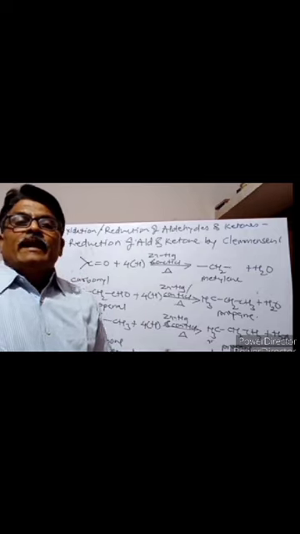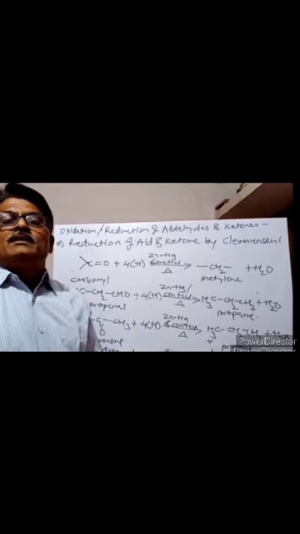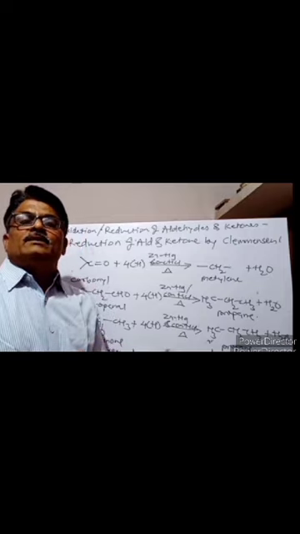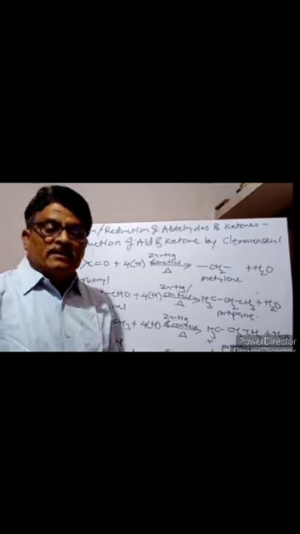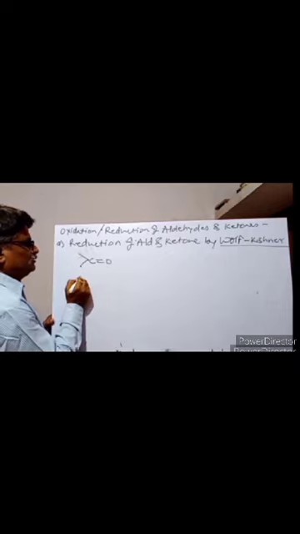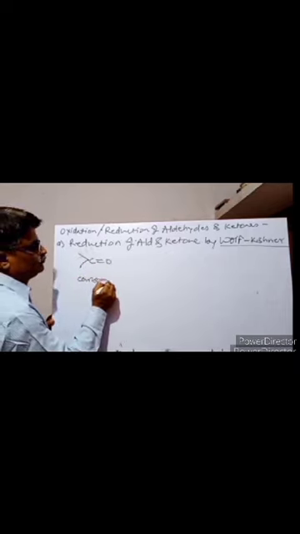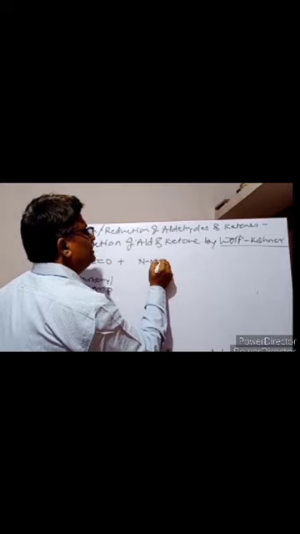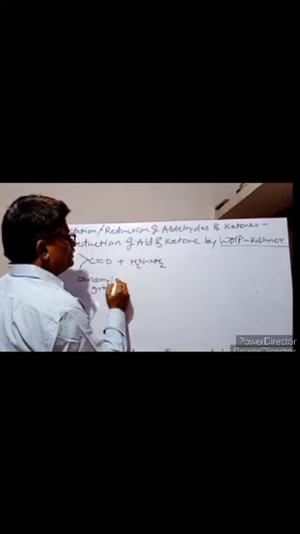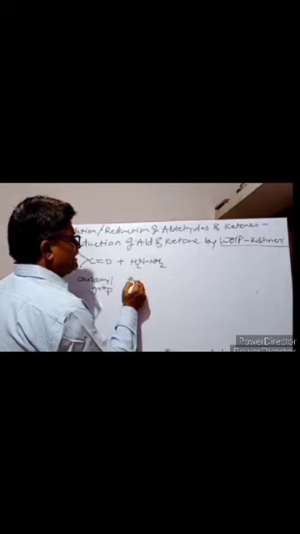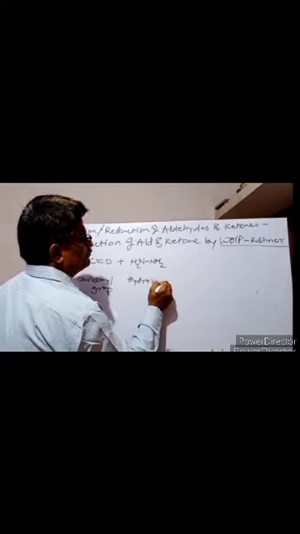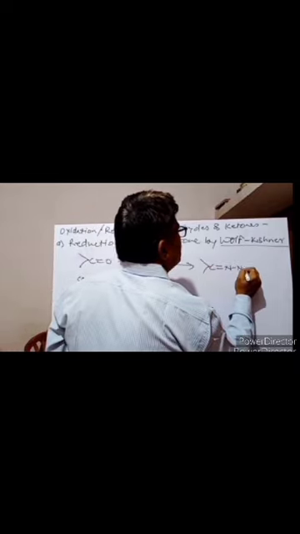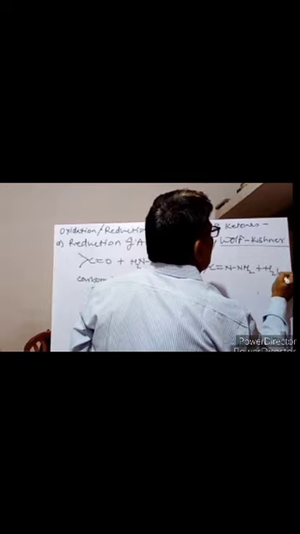Similarly, the carbonyl group of an aldehyde or ketone is also converted into the corresponding hydrocarbon by Wolff-Kishner reduction. Again, the carbonyl group of an aldehyde or ketone, when reacted with hydrazine, NH2NH2, is converted into C double bond N NH2 with removal of a water molecule.